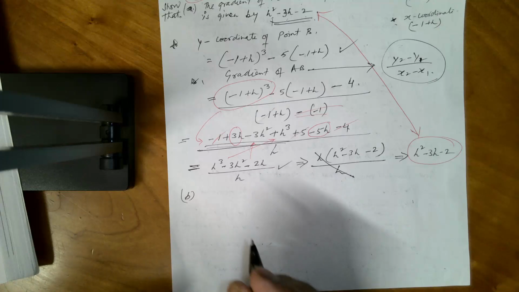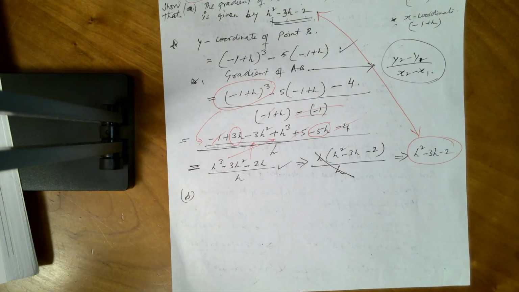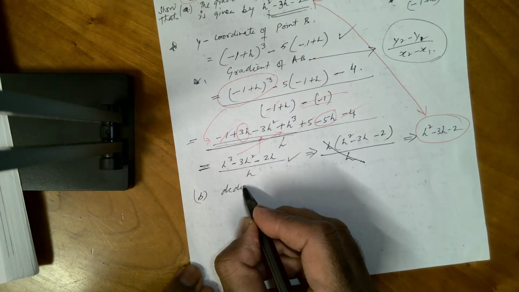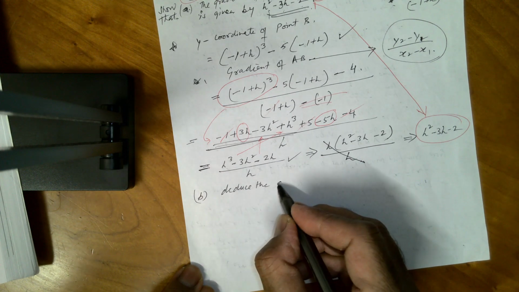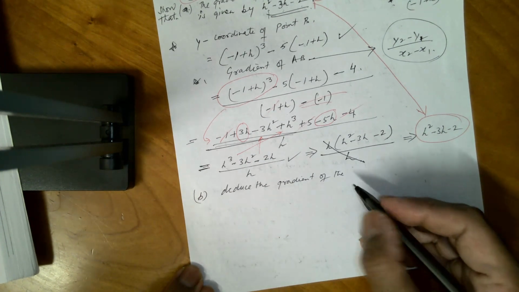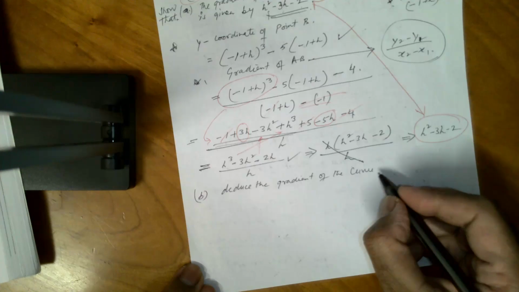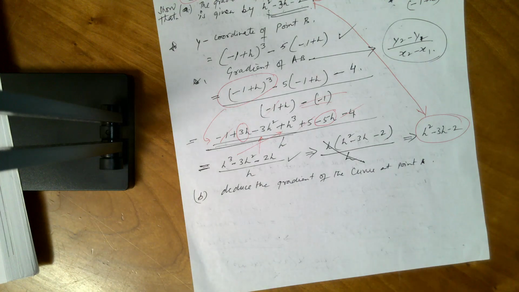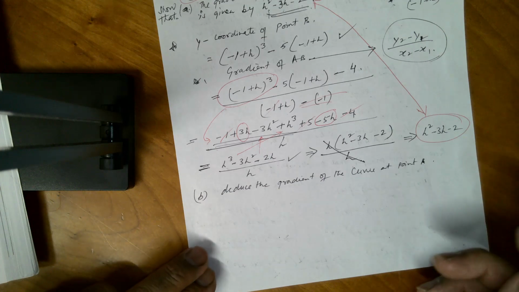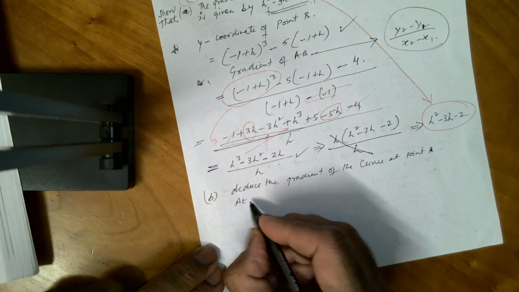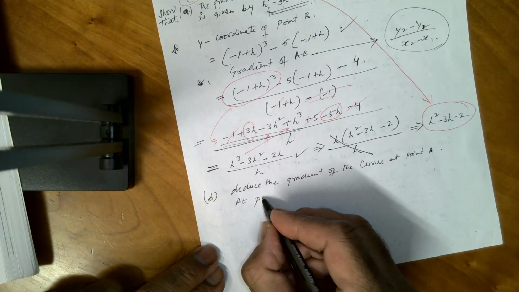Now there's something else they ask for, and that was to deduce the gradient of the curve at point A. So let's deduce the gradient of the curve at point A. I think you got what I'm going to say here. Let me write it down exactly the same way I have written previously.